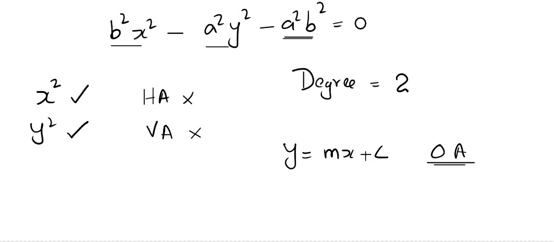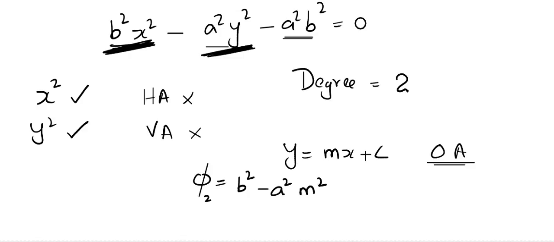Now, what should we do? Phi 2 means inspect the degree 2 terms. There is a degree 2 term here and here. So I have to put x equal to 1.